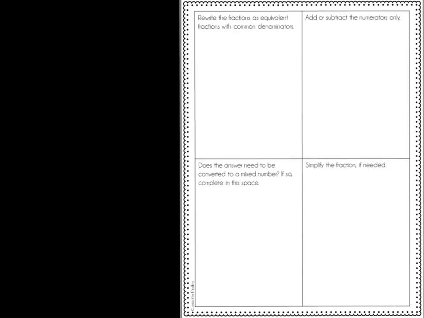Let's use our graphic organizer to help us keep track of our steps. We're going to be subtracting 5/12 and 1/4. Our first step is to rewrite the fractions as equivalent fractions with common denominators. They already gave us the clue that the lowest common denominator was going to be 12.